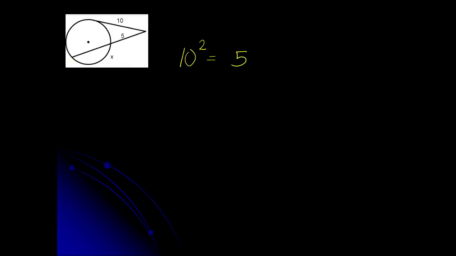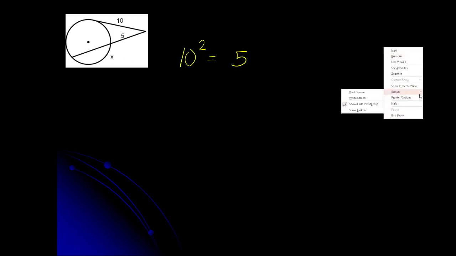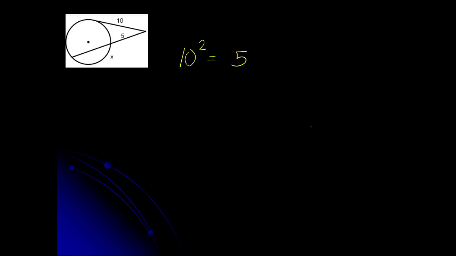This time, don't write 5 plus x. The x is outside. If the x were inside, it would be part of the longer side. Meaning that x is the longer side already. So take note: if the x is inside, then it's 5 plus x.